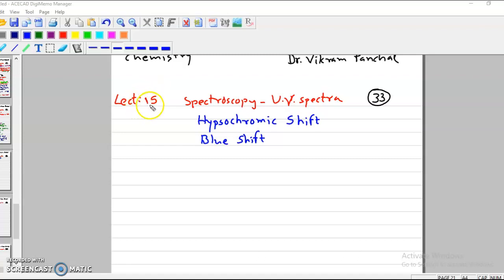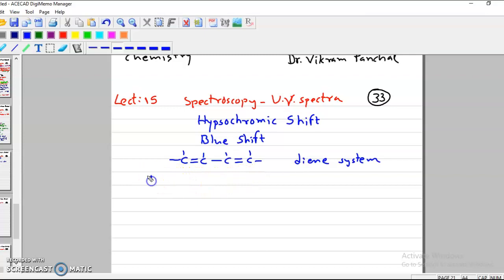Normally, spectra of UV visible appear because of at least two alternate pi bonds in a system, and this is called diene system or pi electron system.